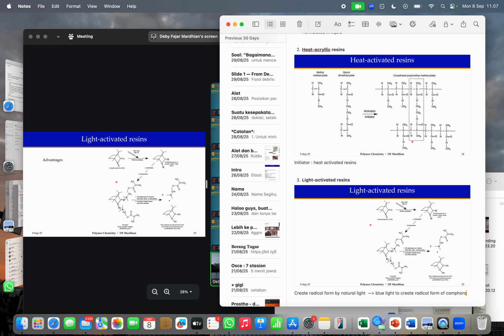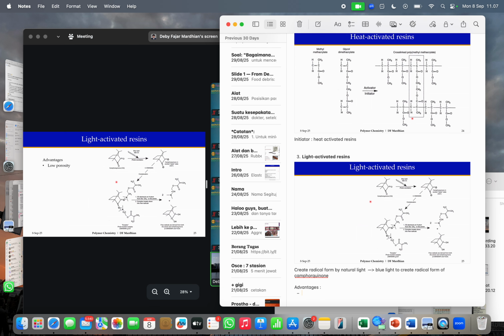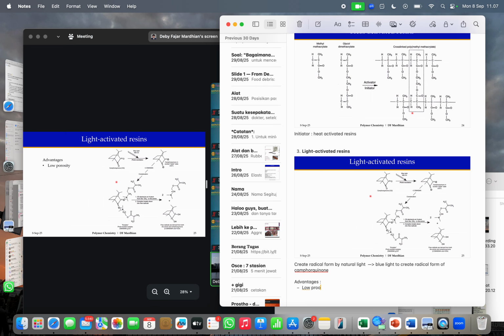So the advantages of using these light activated resins include low porosity because they don't leave monomers unreacted, and stable optics.